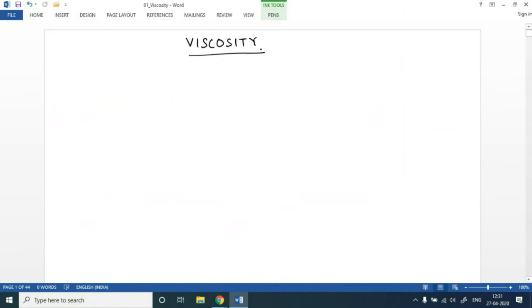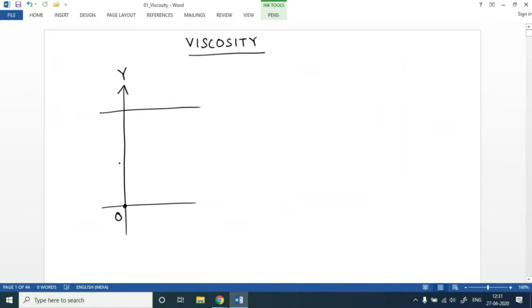Viscosity. Let's imagine there is some liquid flowing over a surface, and let's define our coordinates also. Let's say this is the origin and this here is the y-axis.